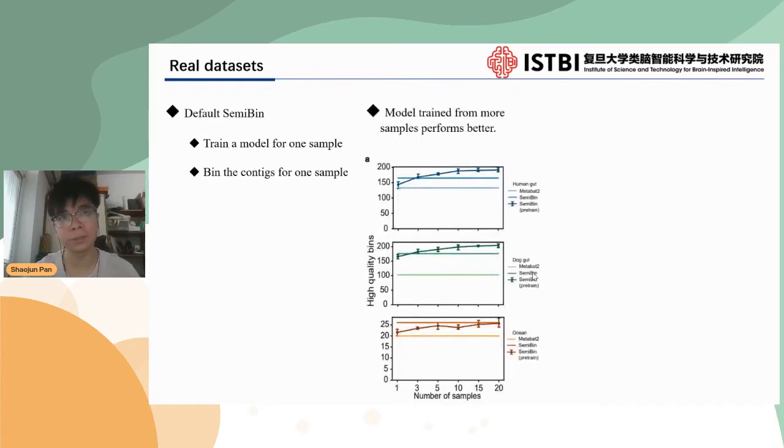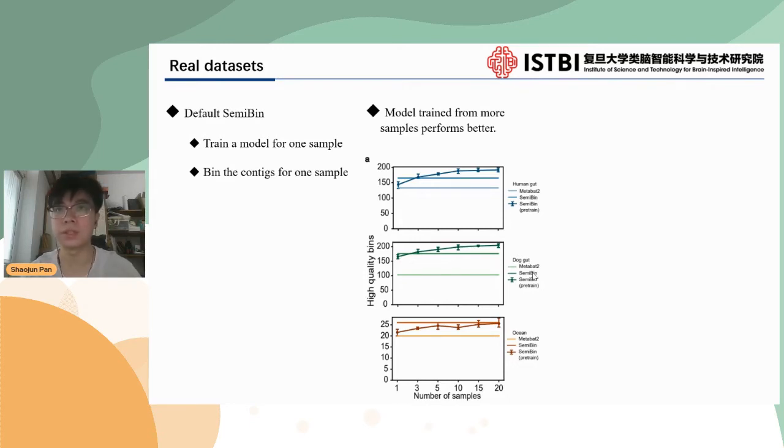We found that a model trained from more samples performed better, and when enough samples are used, it outperforms the default SemiBin and also MetaBAT2, I think the best tool used in existing metagenomic research.